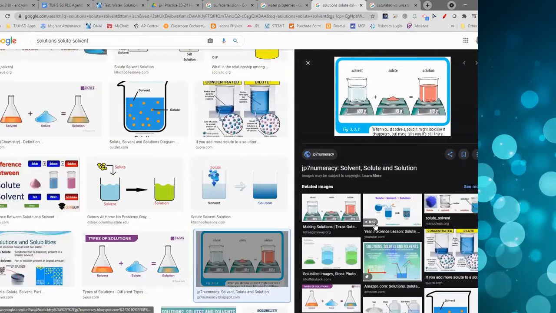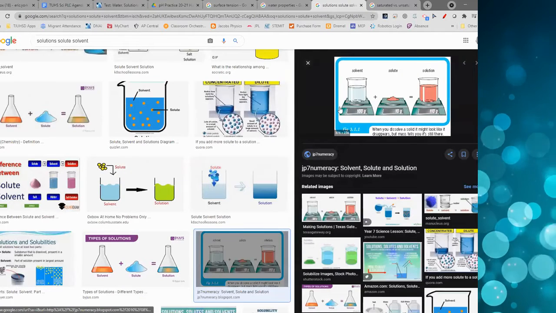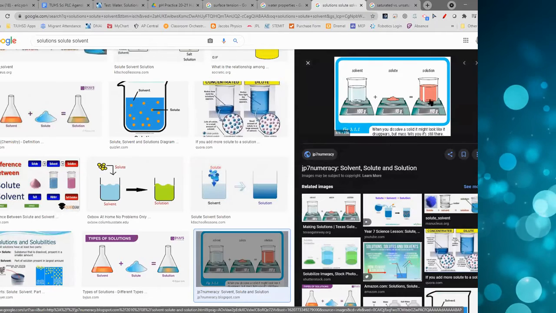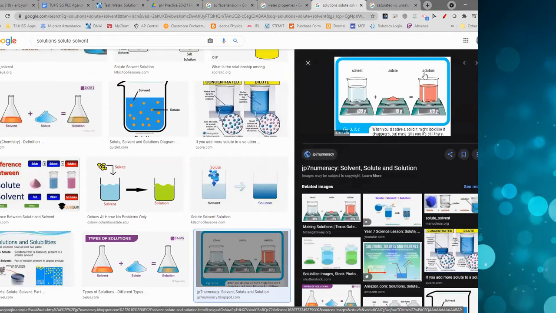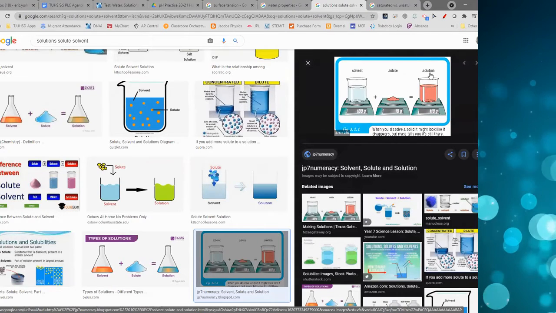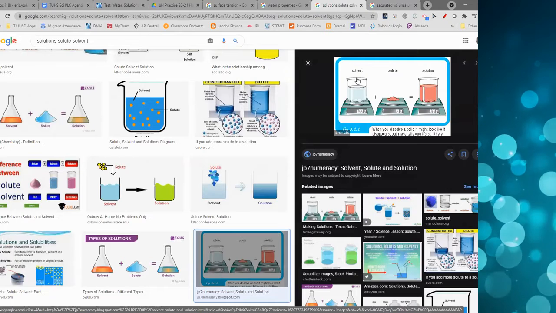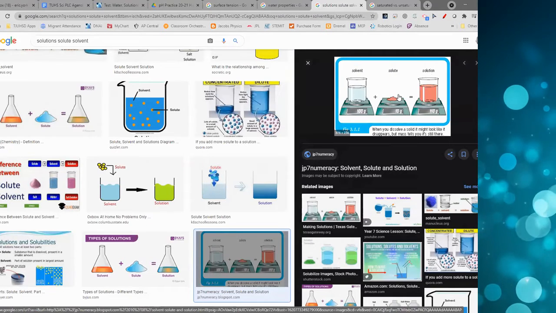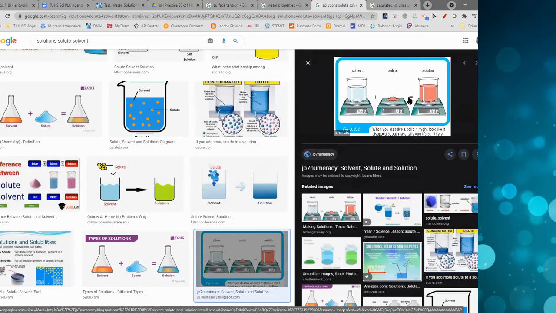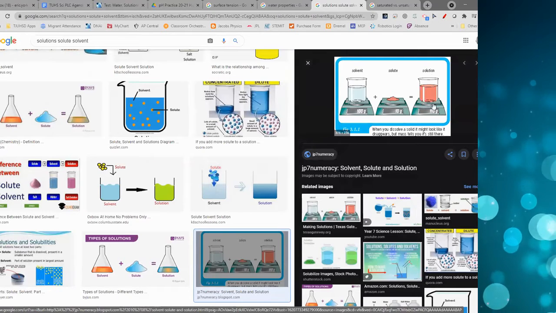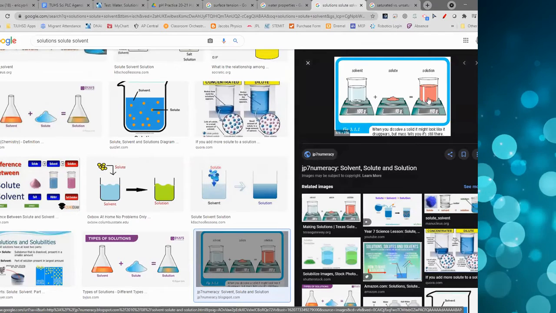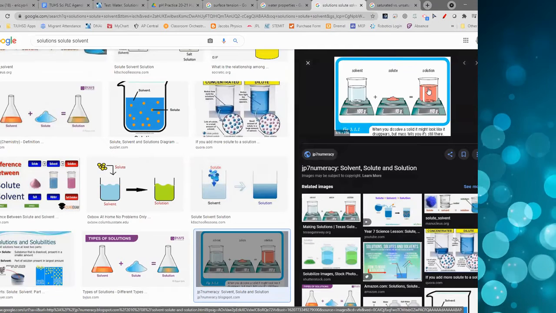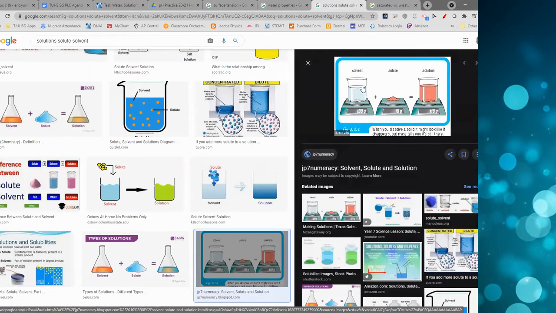Also, just keep in mind that when we're doing mass, most of our equations will call for the mass or volume of the solution itself, not the solvent. So make sure you look at the equation and know what the equation calls for. Most of the time, it's going to call for the volume of the solution or sometimes the mass of the solution, not the solvent.